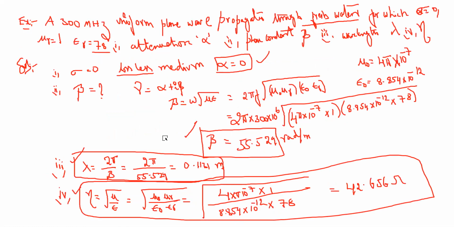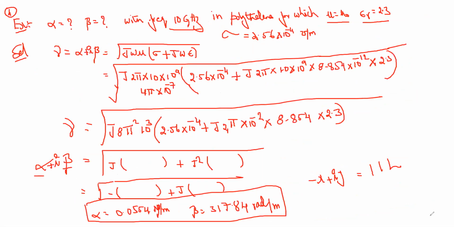See, the first example, alpha is the lossless, means alpha is equal to 0. Alpha is equal to 0, and beta is equal to omega into under root of mu epsilon, and the lambda is equal to 2 pi by beta, and eta is equal to under root of mu by epsilon.